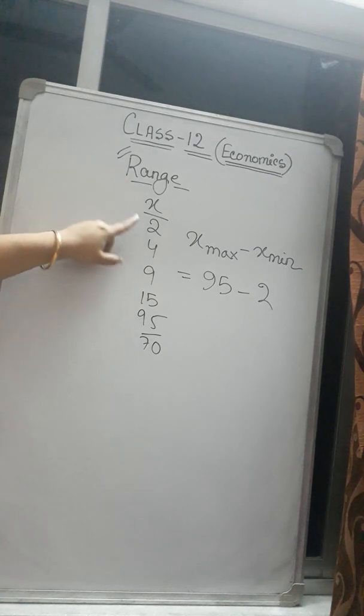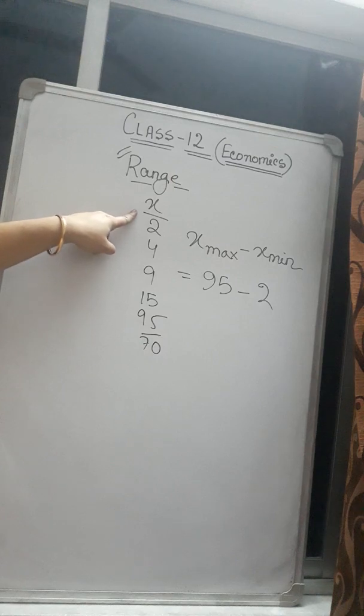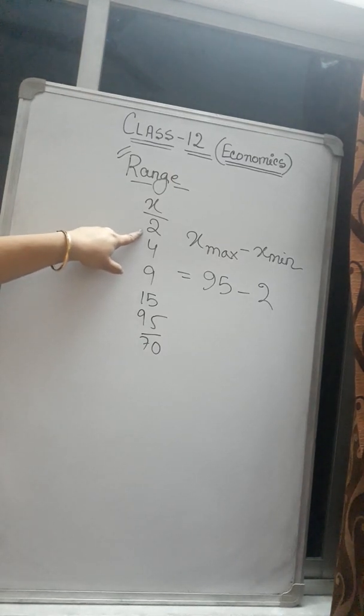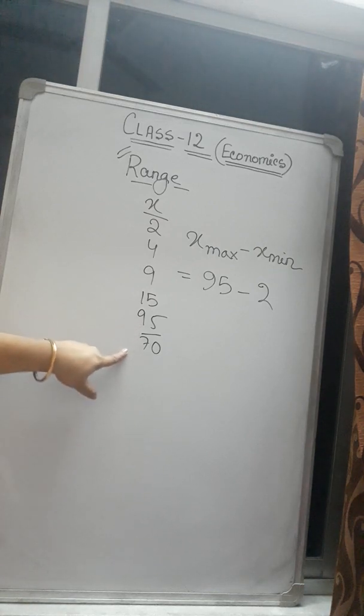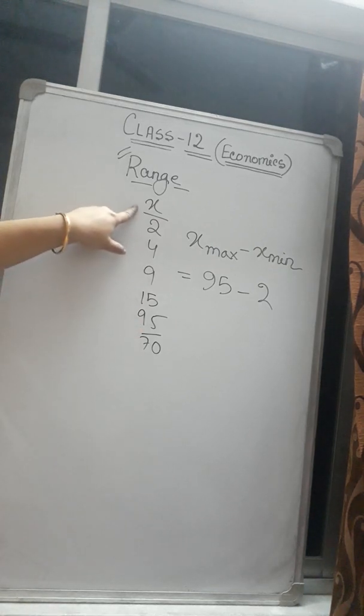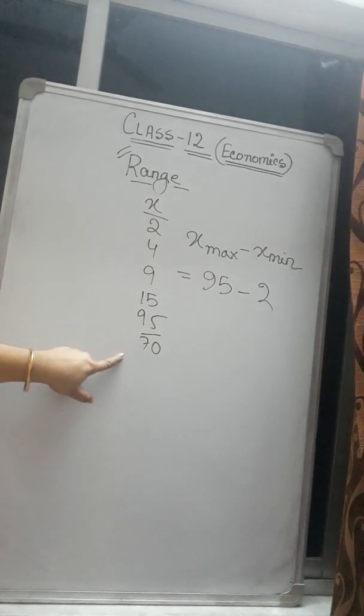For example, if I take the same thing, x is your maths marks. In a particular year you gave 6 exams of maths. Your maths marks is a variable because in every exam you get different marks. You got 2, 4, your performance improved 9, 15, then 95, again it dropped to 70.